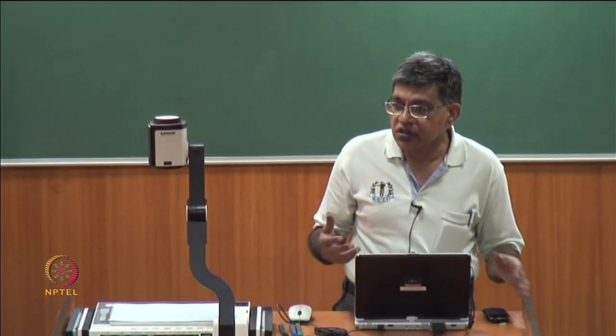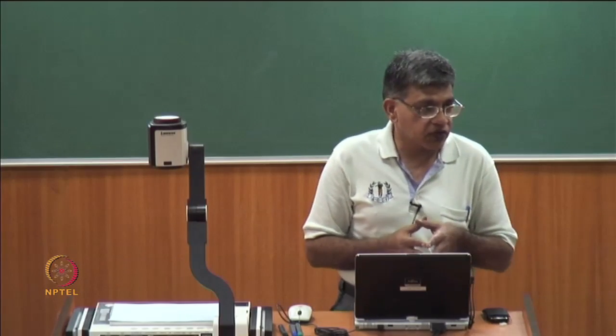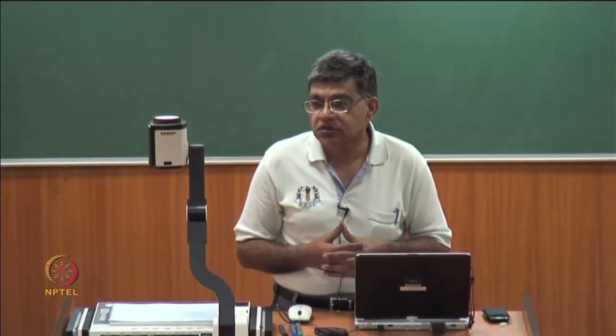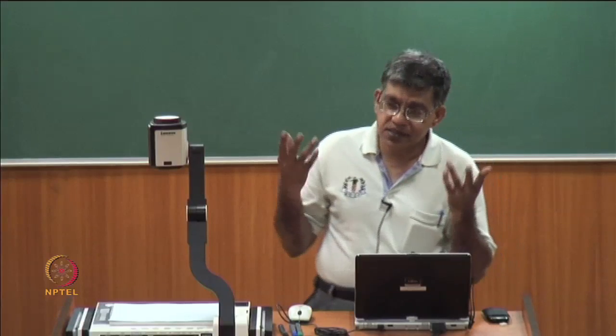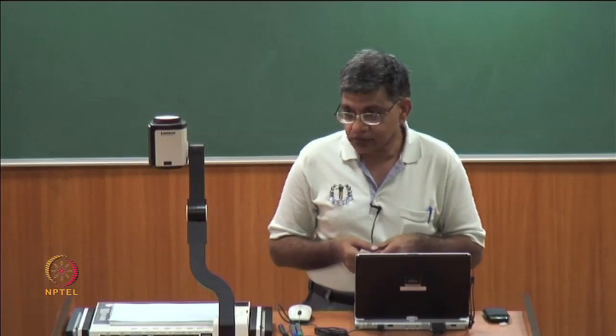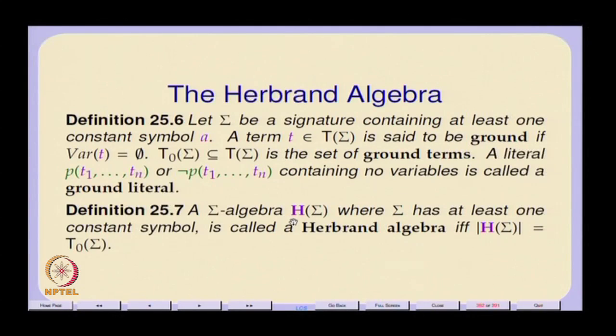Therefore, T sigma is a natural carrier for sigma itself. So, instead of considering an algebra as sigma comma A, you consider the algebra as sigma comma T sigma. And that is a Herbrand algebra.